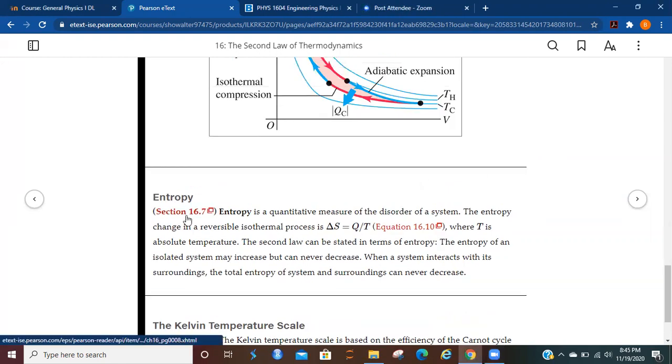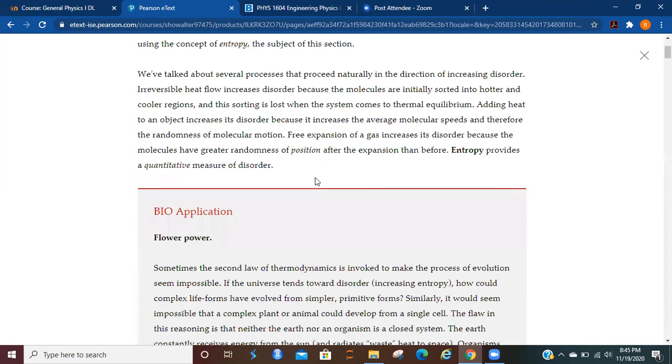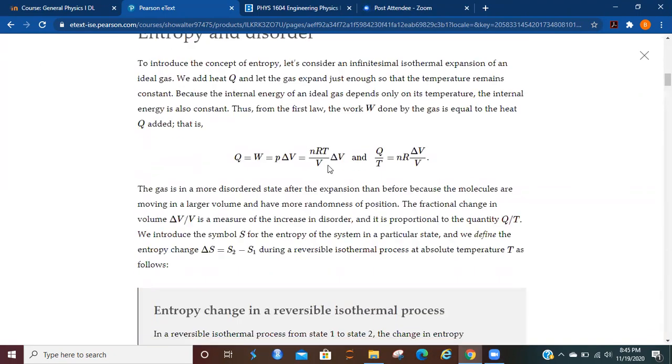So if we take a look at the section, the main themes here have already been described. What I do want to draw your attention to is going to be an equation. In other words, this. To introduce the concept of entropy, let's consider an infinitesimal thermal expansion of an ideal gas.